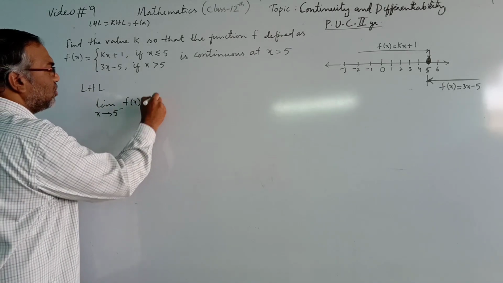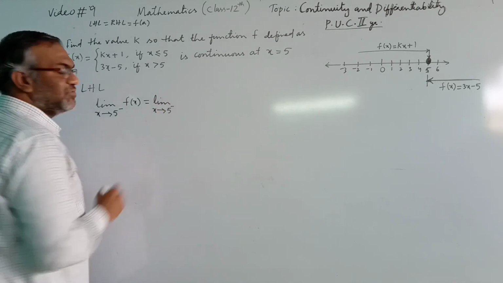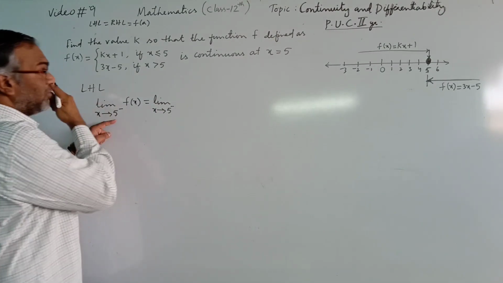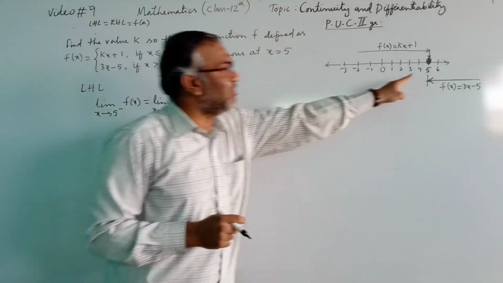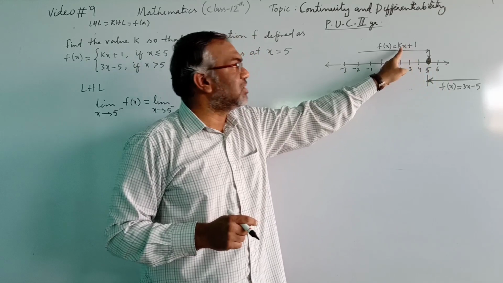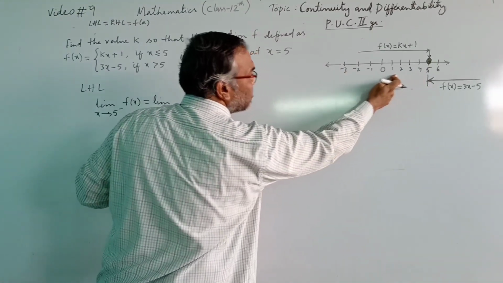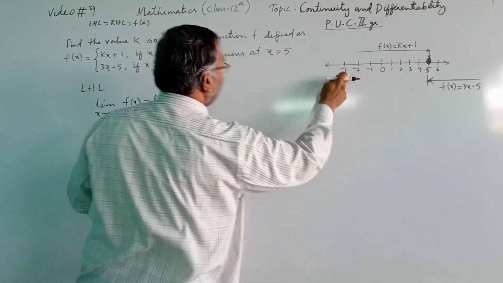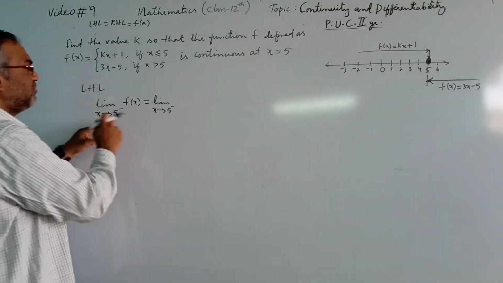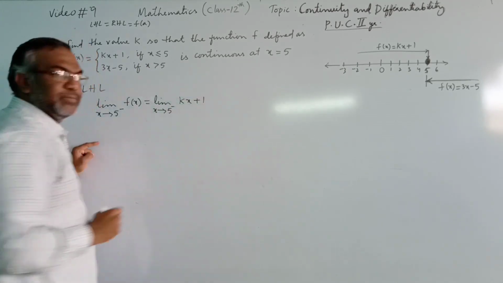On the left of 5, which piece should we take? Of course, kx plus 1, since these are the values less than 5. Left of 5, because we are finding the left hand limit. So that will be kx plus 1.